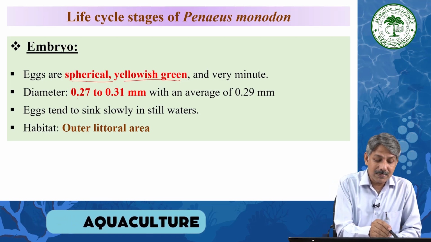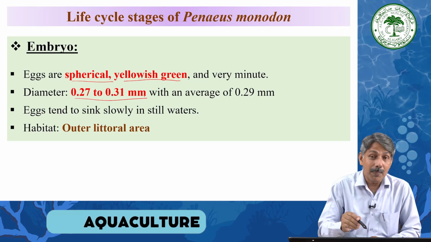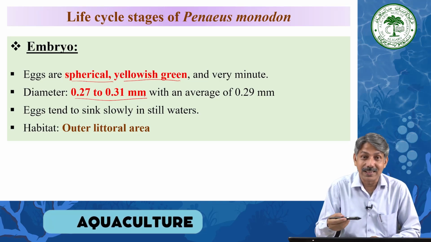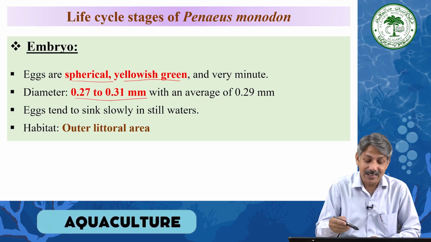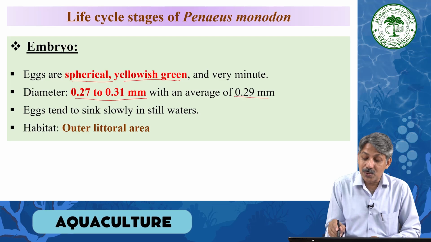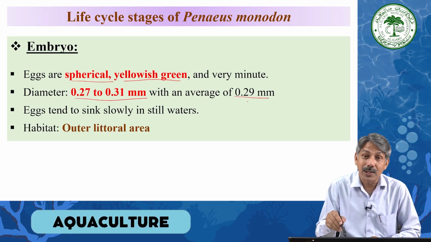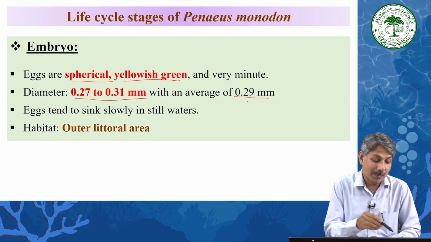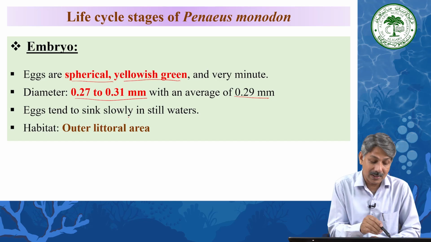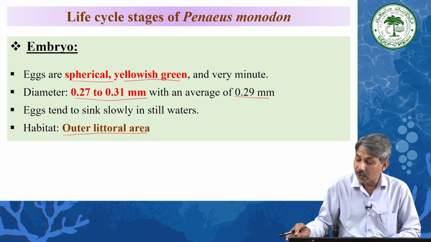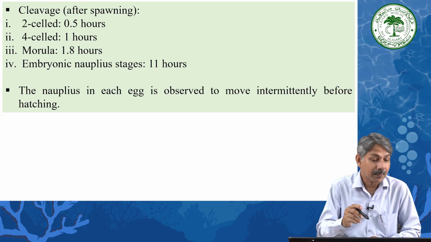The diameter is 0.27 to 0.31 mm, with an average of 0.29 mm. You can imagine how tiny they are, not even 1 mm, but 0.29 mm. Eggs tend to sink slowly in still waters, and the outer littoral area is the habitat where they lay eggs.